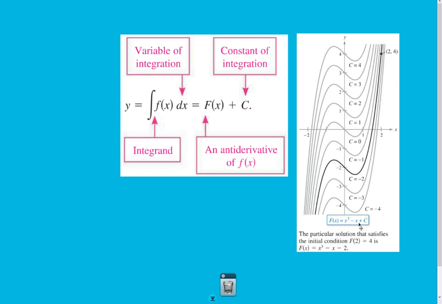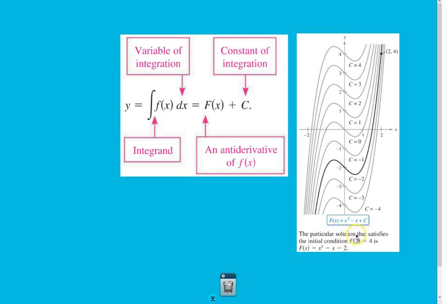It's a vertical translation. If c is -4, it's going to bring your function down 4 units. If c is +1, it's going to bring it up a unit. So all of these are the possible values of c. So c equals -4, -3, all the way up and down. I can't solve for c unless I have something called an initial condition.